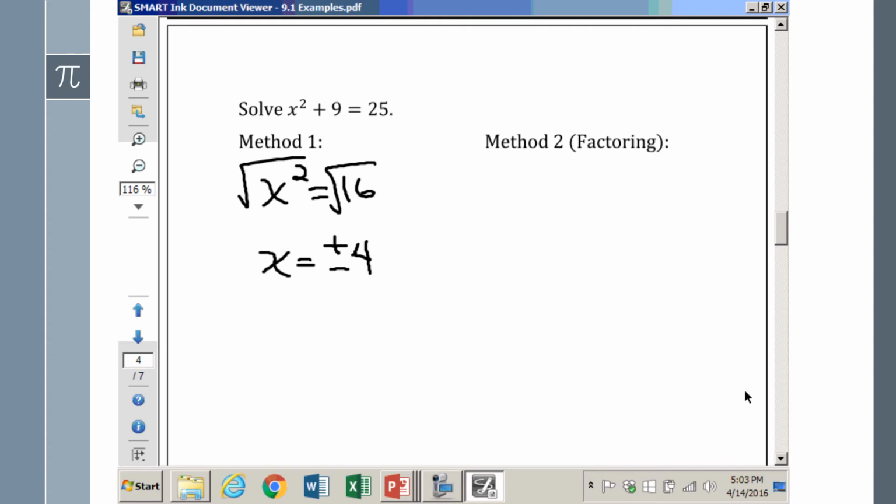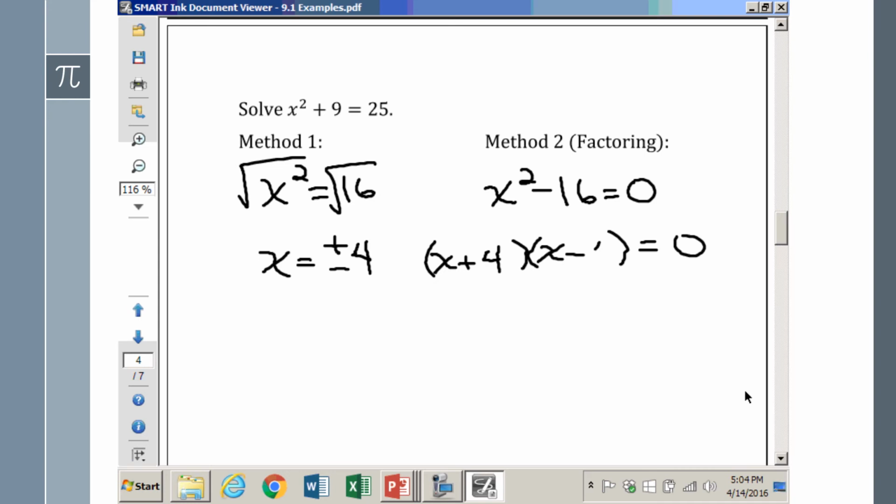The second methodology we could use is our factoring method, where we get everything to the left side of our equation. That's the side we're usually most comfortable with our variable on, and 0 on the right. So we're going to subtract 25 from each side of this equation and end up with x squared minus 16 equals 0. This is a difference of two squares binomial, very easy to factor. Basically, you're going to end up with x plus 4 and x minus 4.